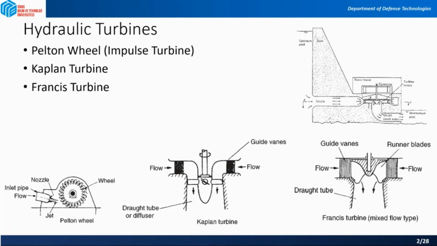In an impulse machine, all the pressure change takes place in one or more stators or nozzles, as we call them, with the fluid being directed onto the rotor. And as we said, the Pelton wheel, we are not calling it exactly a Pelton turbine, but sometimes we say the Pelton wheel, is an example of an impulse turbine.